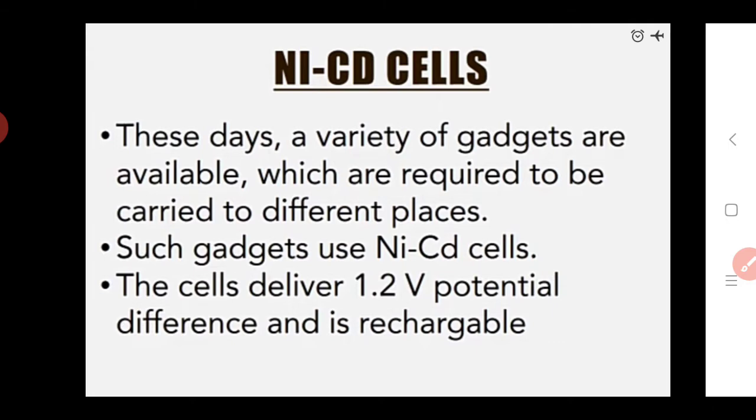So nickel cadmium cells are used for such gadgets. How much potential is required for producing electric current in this cell? It is the 1.2 volt potential difference that is used to deliver the electric current.